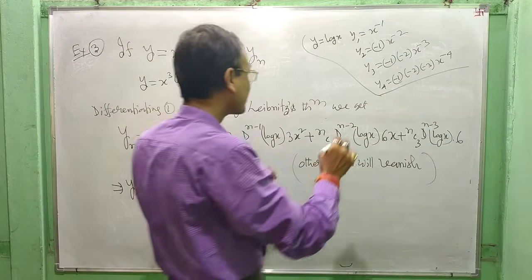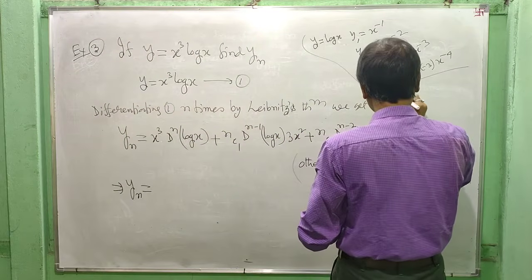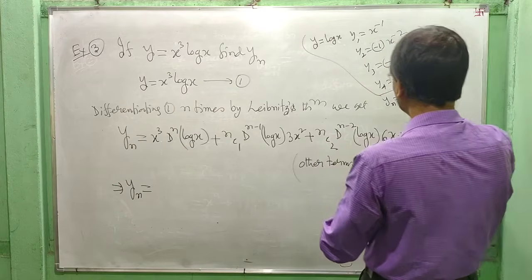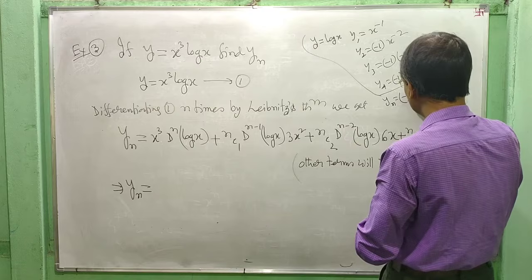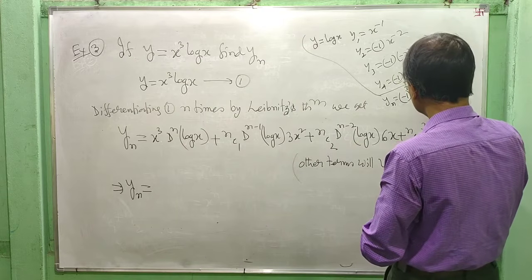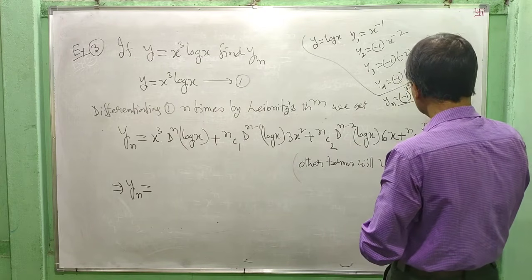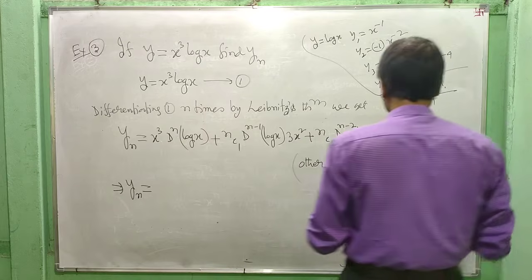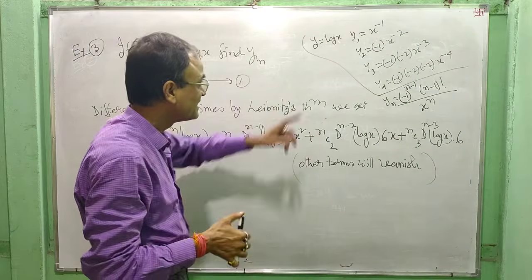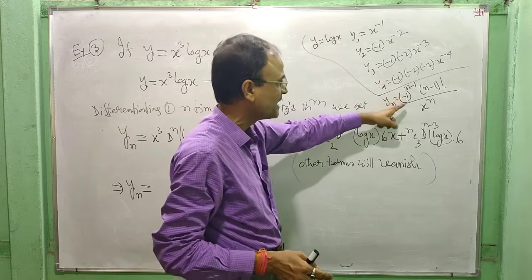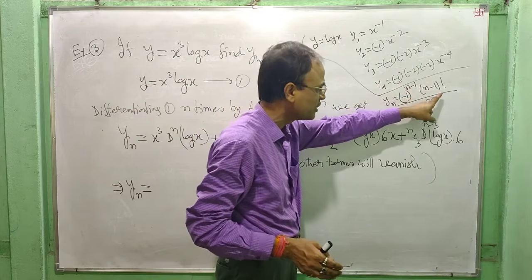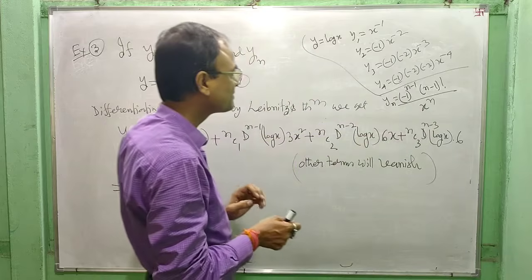Therefore, yn will be equal to minus 1 whole to the power n minus 1, factorial n minus 1, divided by x to the power n. Am I right?